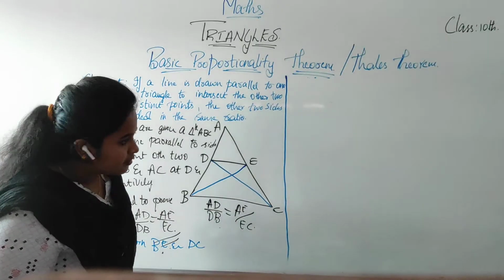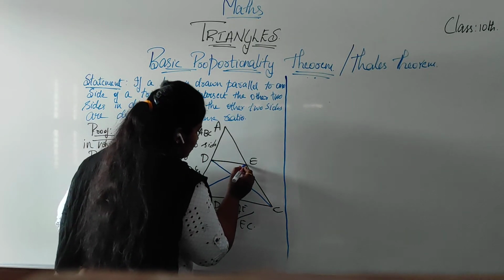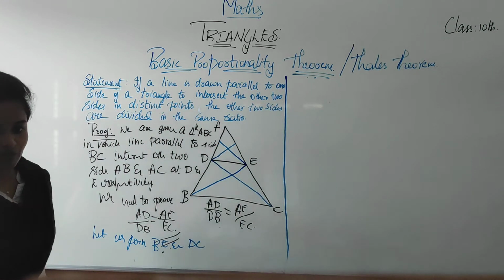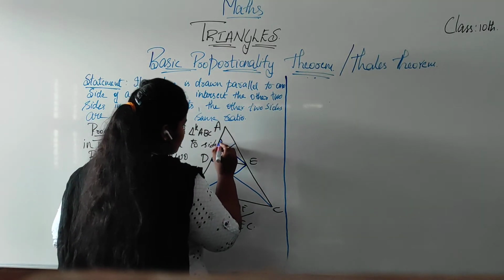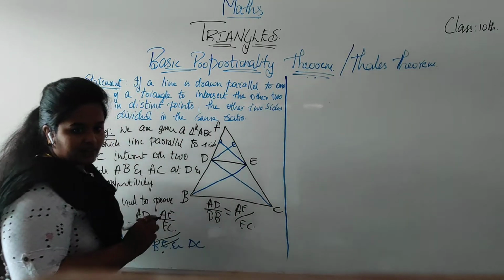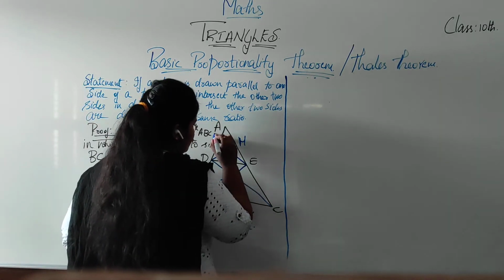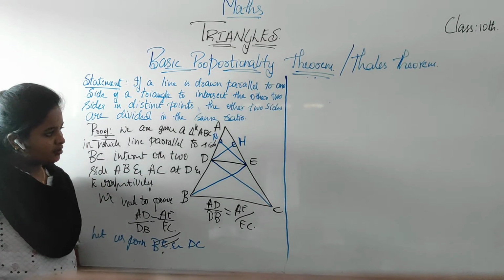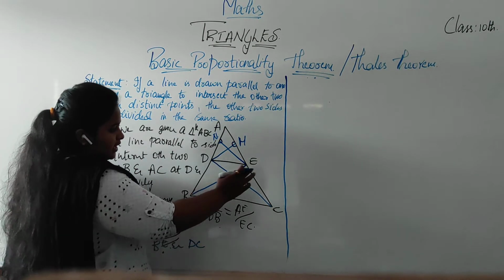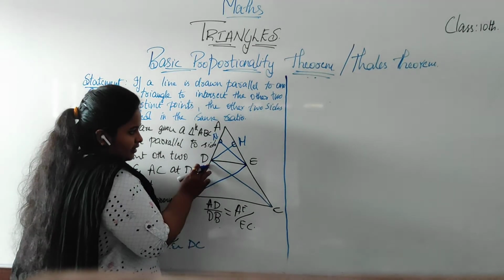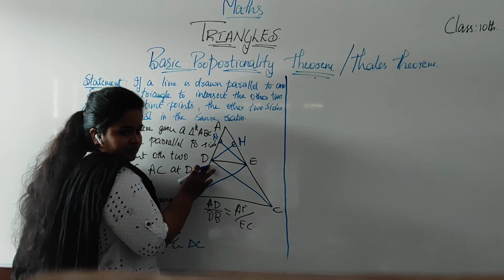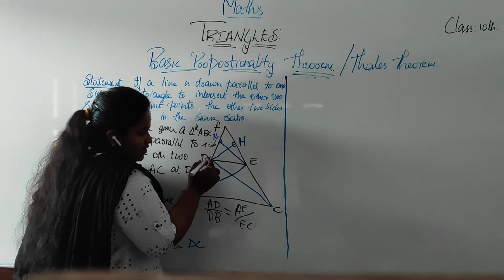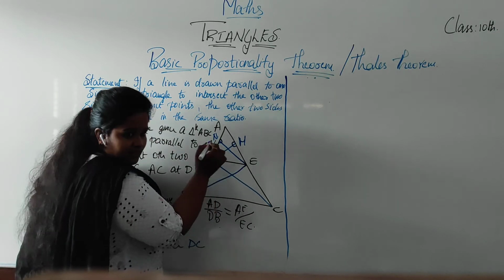And then I mark this point as M and this point as N. So here we join BE and CD, again draw one line in the middle of AE and AD, and I join those two points DM and EN.